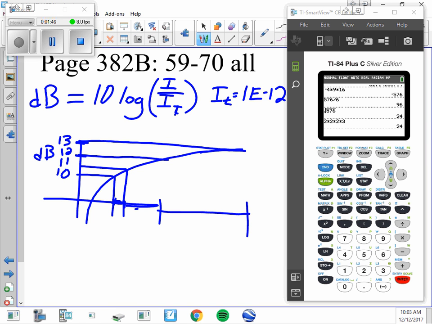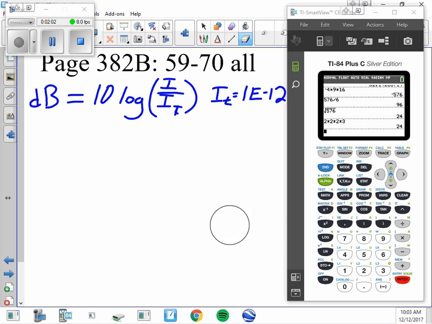So it gets harder and harder to go up. We can actually figure out how much power it takes to go up 1 decibel, and that will help us with what we're going to do today.